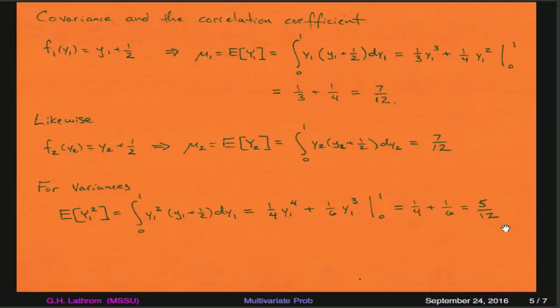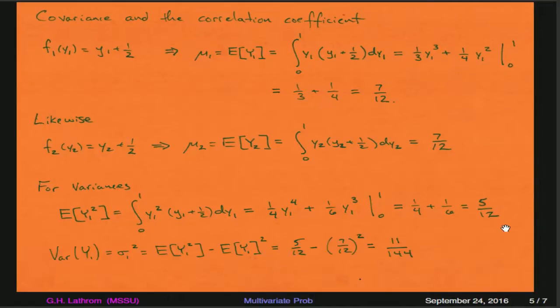Now for the variance of y sub 1, so that's our sigma sub 1 squared, that will be the expected value of y sub 1 squared minus the expected value of y sub 1, squared. Plugging in the values that we just computed above, we've got 5/12 minus 7/12 squared, giving us a variance of 11 over 144.